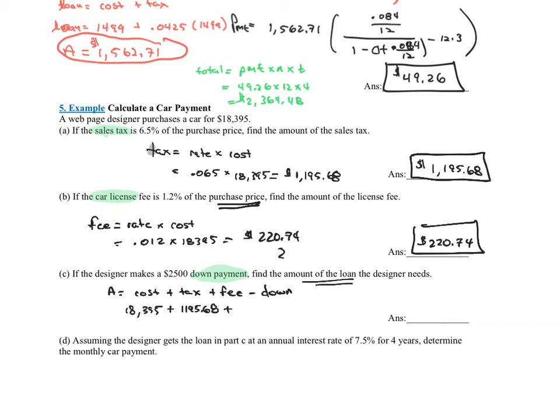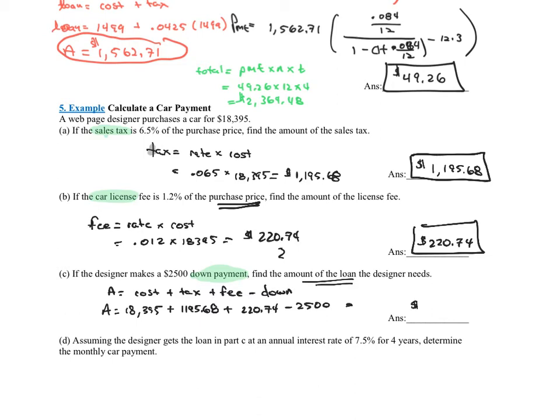The licensing fee we determined was $220.74, and it's telling you that the down payment is $2,500. This is going to give me my loan amount. Add in the cost of the car, the taxes, the license fee, subtract off the down payment. Put that into your calculator now, and let's see what the loan amount is.